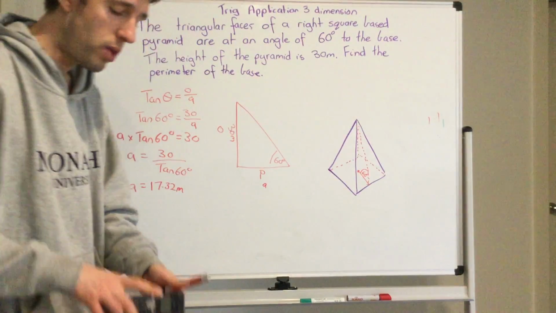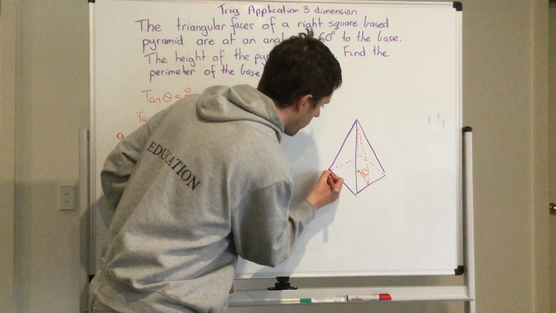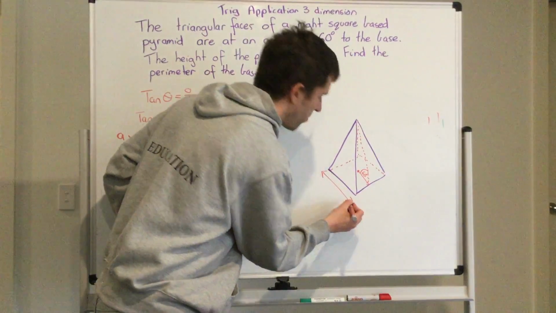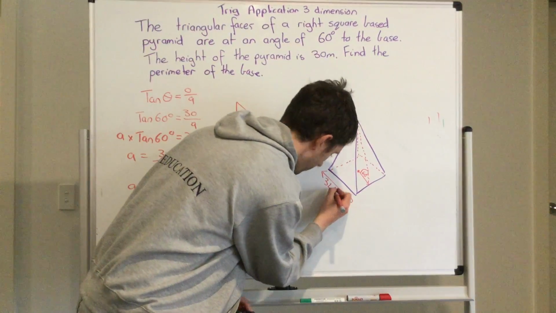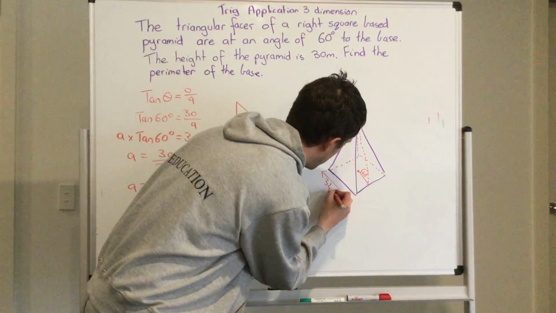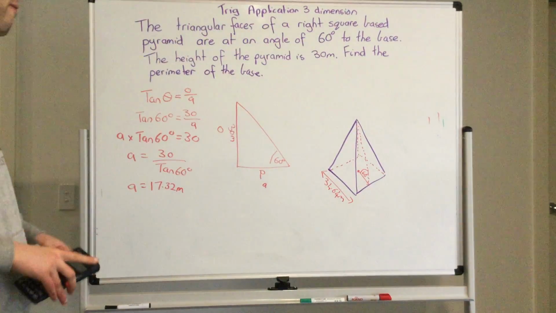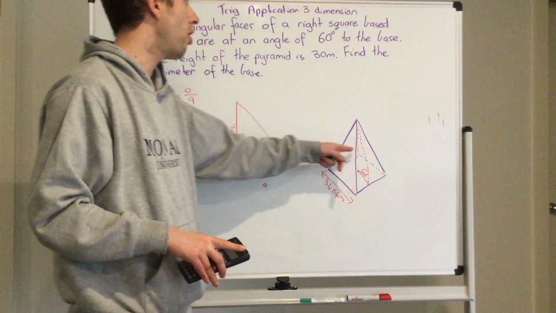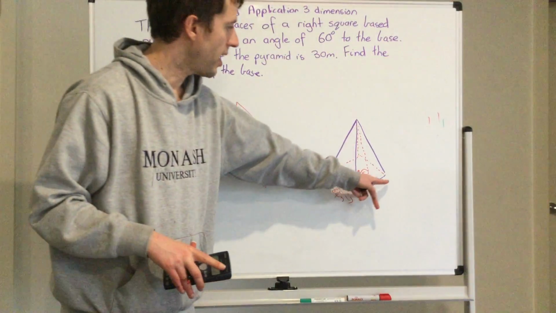I'm going to double that, so timesing it by 2. So that means each of my sides are 34.64 meters.